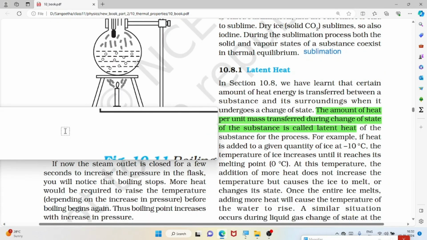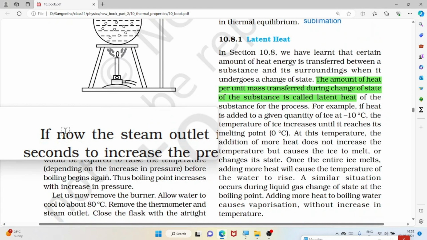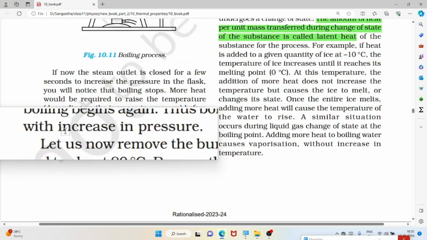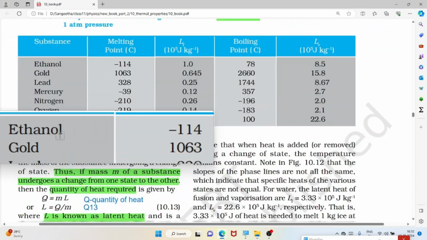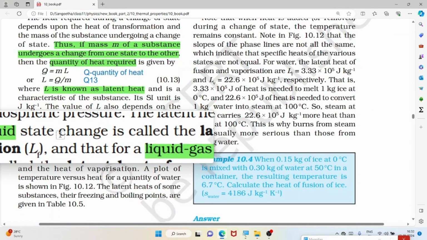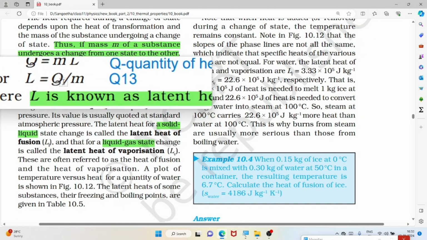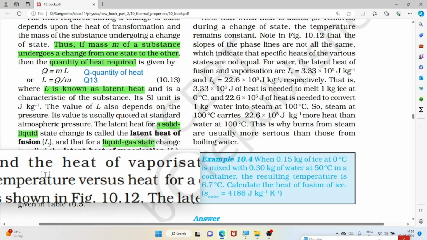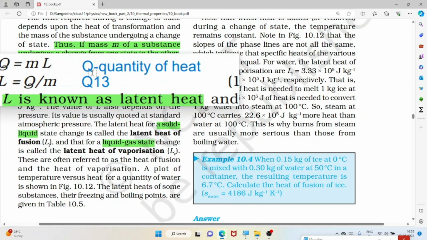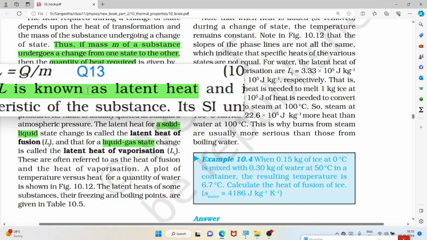Latent heat: the amount of heat per unit mass transferred during the change of state of the substance is latent heat. Q by m is the latent heat, the quantity of heat per unit mass.